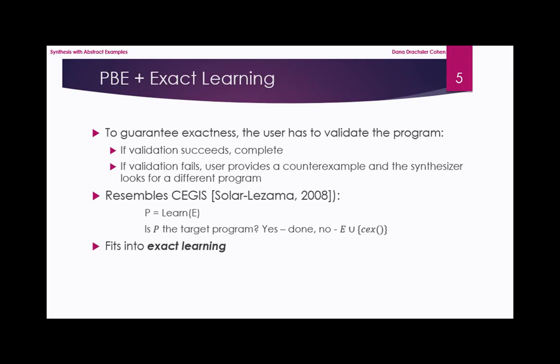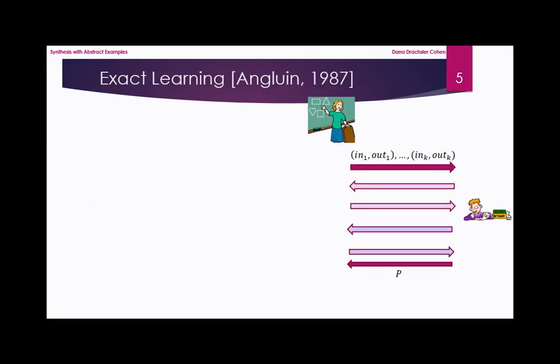So what is exact learning? This was introduced by Dana Angluin in 1987. In her model, there's again a teacher and a learner, and the teacher maybe provides some initial examples. Then the teacher and the learner interact with each other until at some point the learner says, yes, I got it, I know exactly what you want. In Angluin's model, she proposes two kinds of queries.